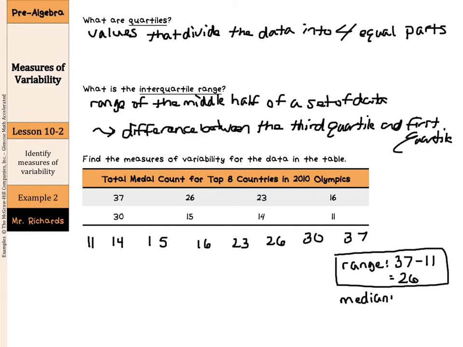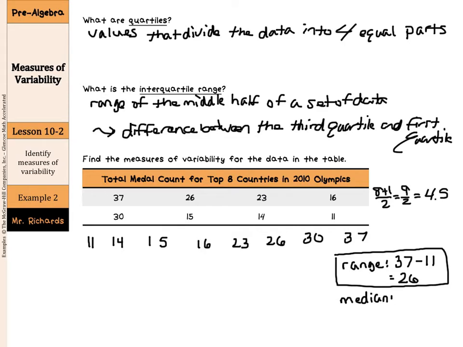Well, here we have 1, 2, 3, 4, 5, 6, 7, 8 data points. So if we take a little shortcut here to find our median, it's going to be the 8 plus 1 divided by 2 term, which is 9 divided by 2, which is the 4.5 term.